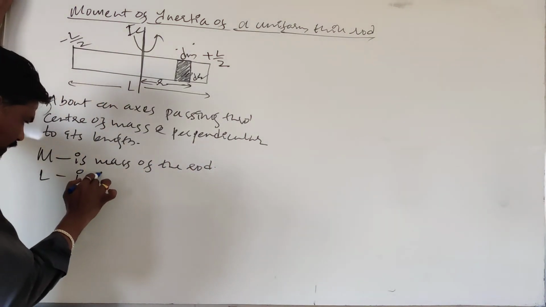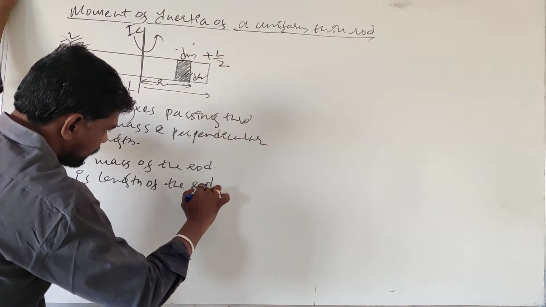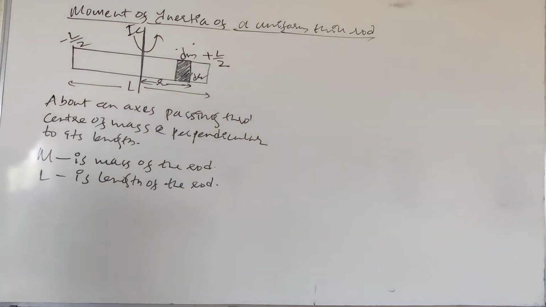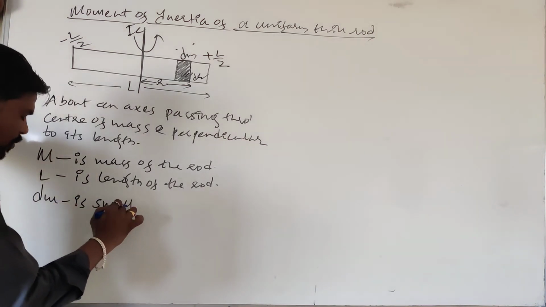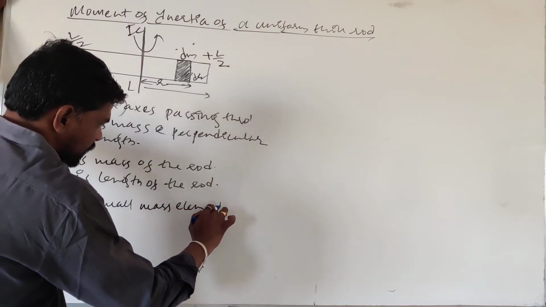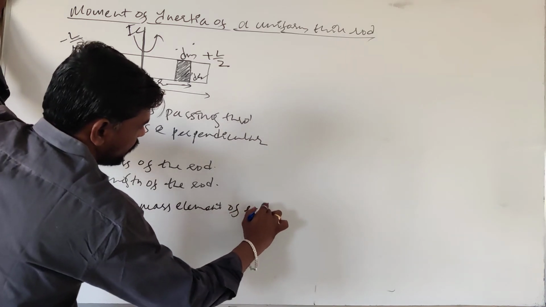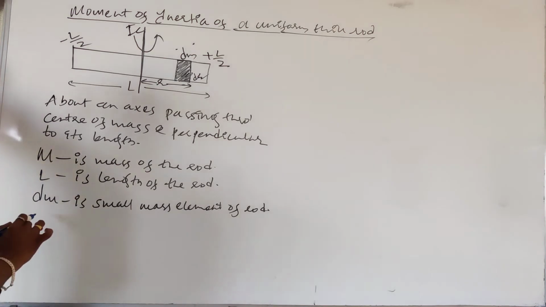L is the length of the rod. dm is the mass of a small element of the rod. dr is the thickness or width of the small element.